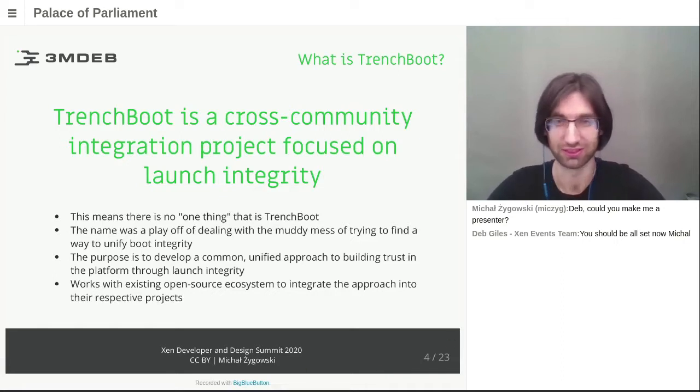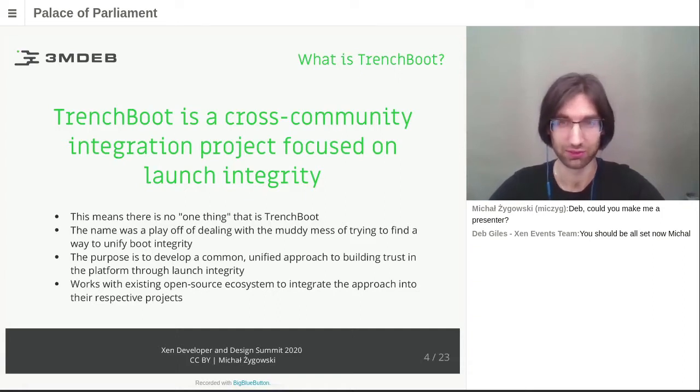So what is TrenchBoot? TrenchBoot is a cross-community integration project focused on launch integrity. That means we don't have a single project or a single kernel that is called TrenchBoot. We deal with various open source projects like GRUB, the Linux kernel, and Xen to integrate the Dynamic Root of Trust for Measurement technology.